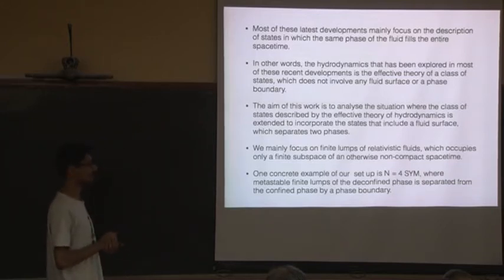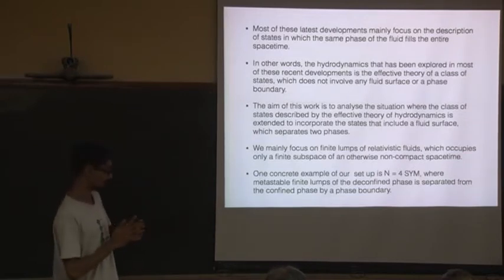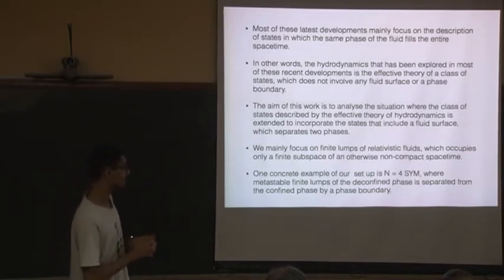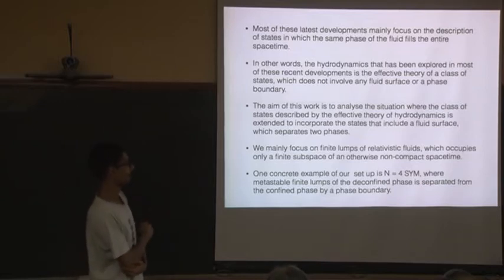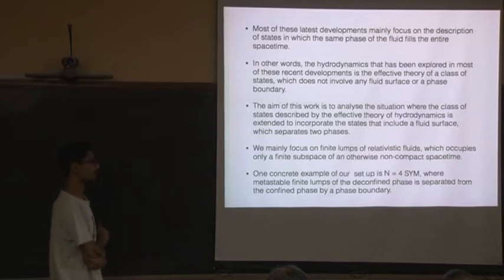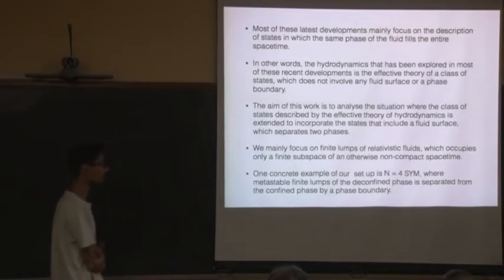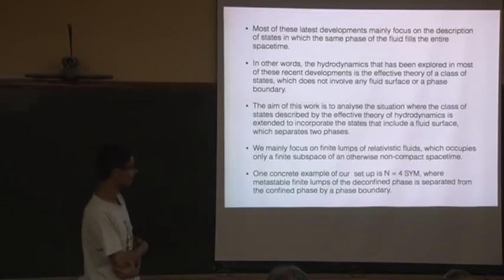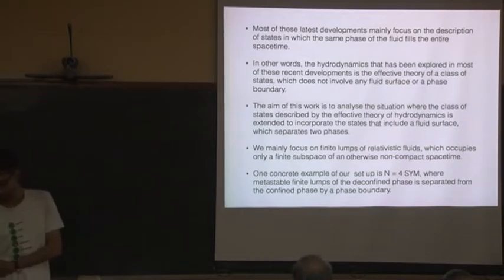One concrete example of our setup, though our analysis is more general than that, is a large N field theory, like N=4 super Yang-Mills in d=4 dimensions, where metastable finite lumps of deconfined phase are separated from the confined phase by a phase boundary.